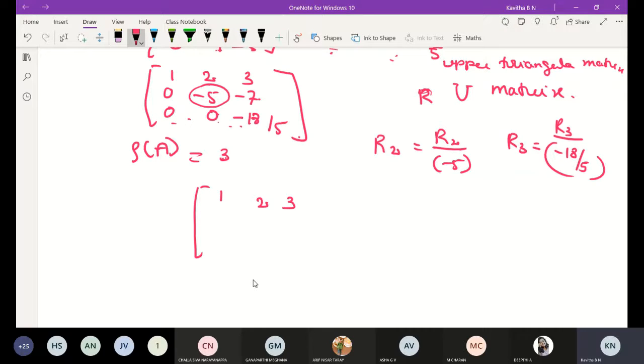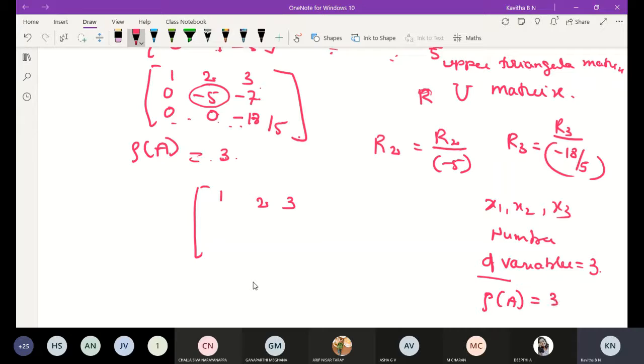It is linearly independent because rank is equal to the number of variables. Rank is equal to 3. The number of variables here is x1, x2 and x3, so the number of variables is 3, and the rank of matrix A is also 3.